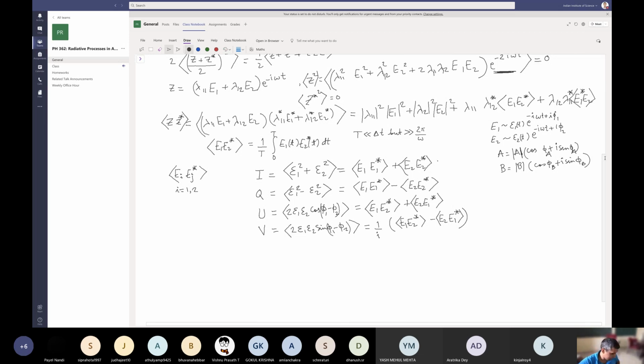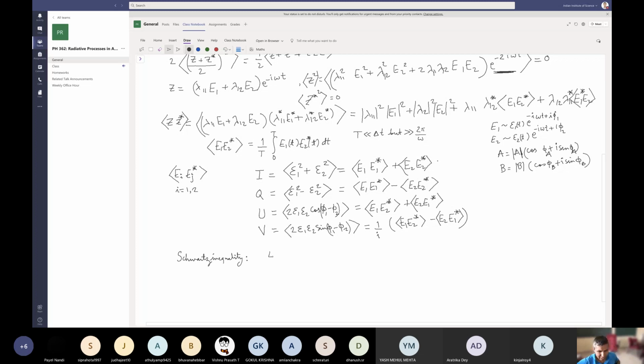We can see the following actually. There is something called the Schwarz inequality, which applies for complex numbers.